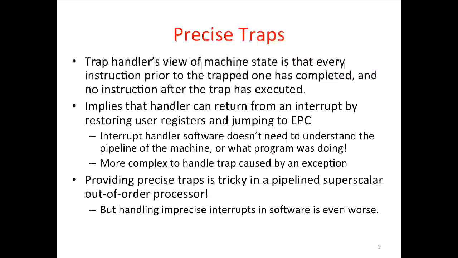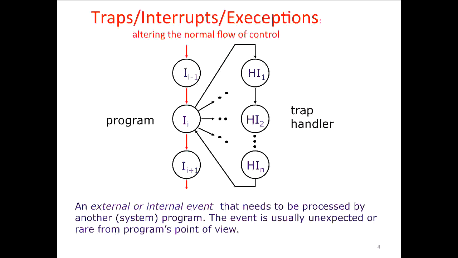It's just a clean break at this one instruction, right? So if I go back to this diagram, a precise trap is one where everything previous to this instruction is finished, and so any writes to memory, any updates to the registers are seen by any following code. Nothing that's happening in these following instructions affects the machine in any way. It's as if they never happened.